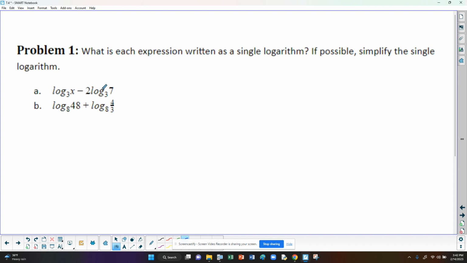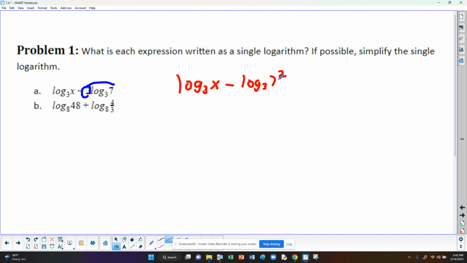So example 1, we have two logs. We have log base 3 of x minus 2 log base 3 of 7. First, this 2 out in front, since it's written as a coefficient, I can rewrite that as an exponent using that third property. So this would be the log base 3 of x minus the log base 3 of 7 squared.